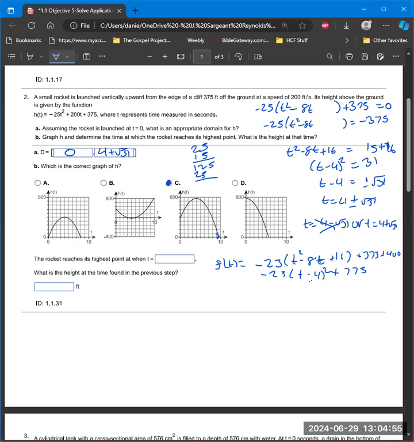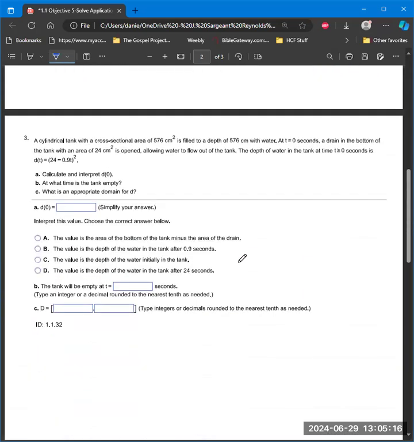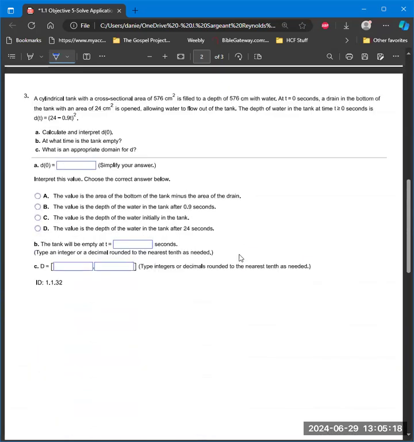This happens when t is 4 and the height there is 775. So we want that in vertex form so we can read that and get the location of the vertex, which is the maximum. Again, we're doing this without any calculus. We'll learn how to do that later with calculus.